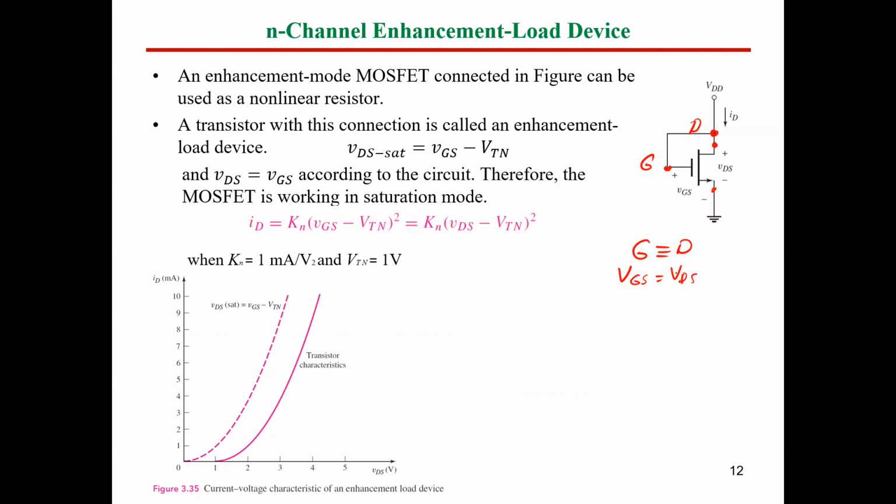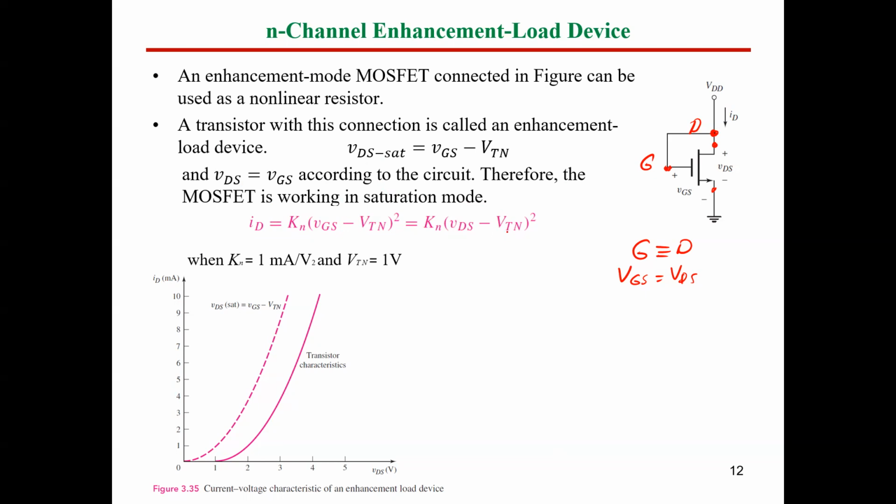So if VGS equals VDS, what will happen to our curve? You can find that by substituting here in our relation. ID equals Kn times VGS minus VTN squared. Instead of VGS, we can say VDS minus VTN squared. So this is going to shift our curve. Why?